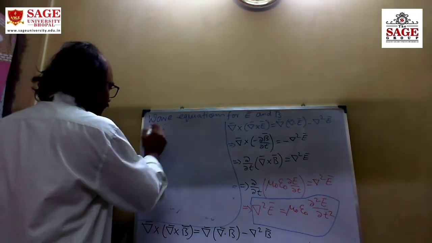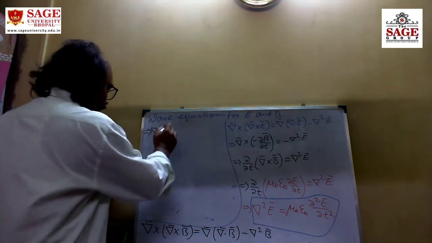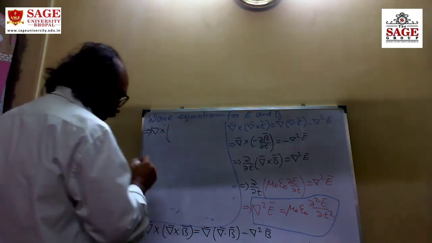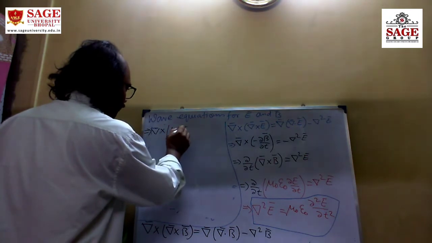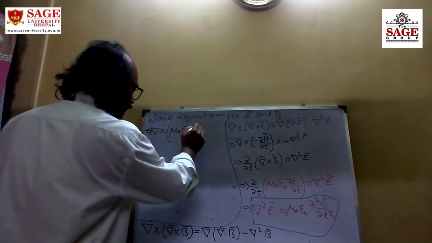Curl B is mu naught epsilon naught del E by del t.